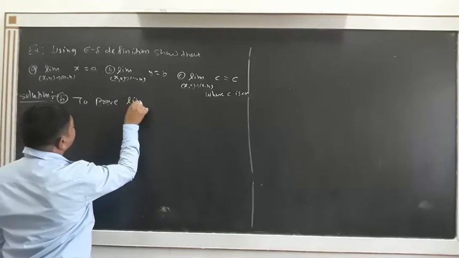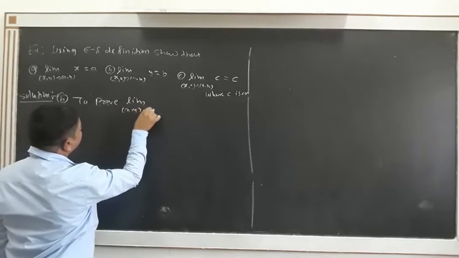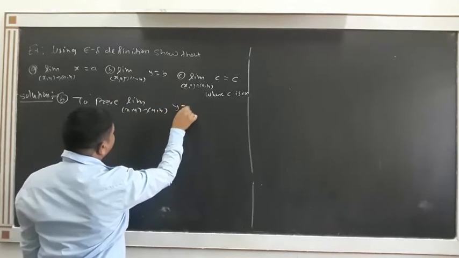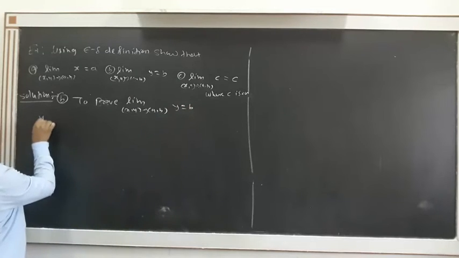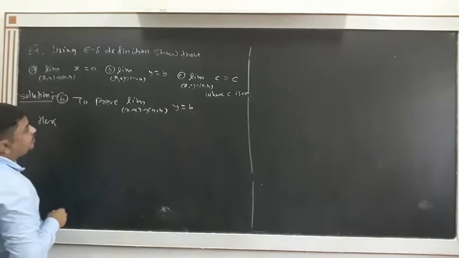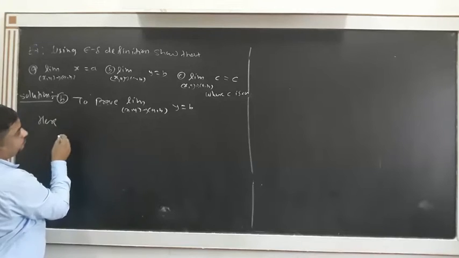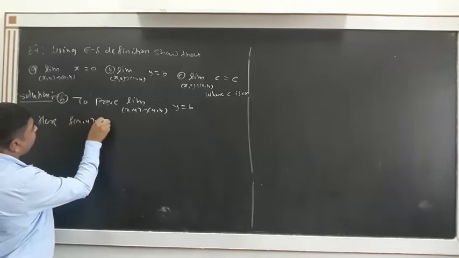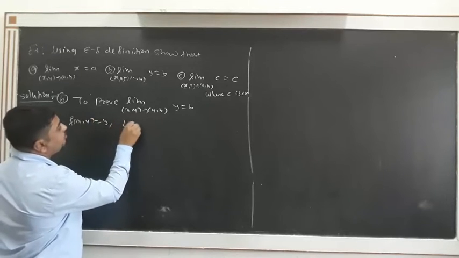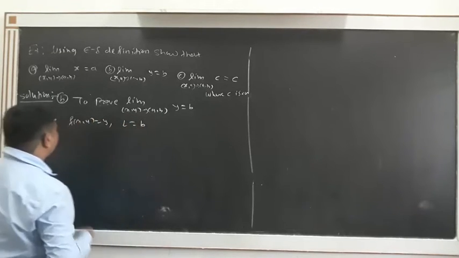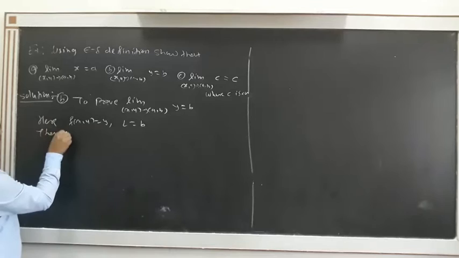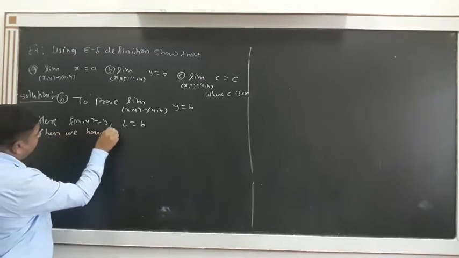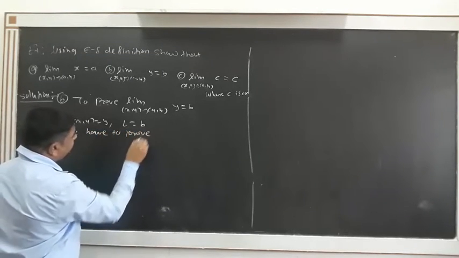We have to prove the limit as (x,y) tends to (a,b) of f(x,y) equals b. Here, what is given? We have f of xy equal to y, and L equal to b. Then we have to prove. What is the definition?